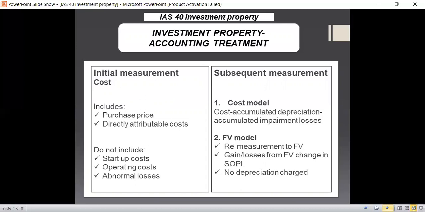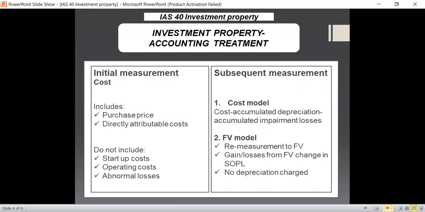And also, you need to consider that up till here, the treatment regarding the initial measurement is the same as we did for IAS 16, Property, Plant and Equipment. The cost will be measured in cash and cash equivalents. So if for some reason the payment is deferred to any future date, then the cost will be considered as the discounted amount of the future payment.